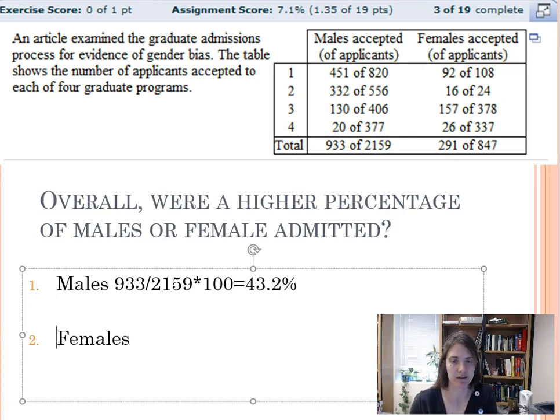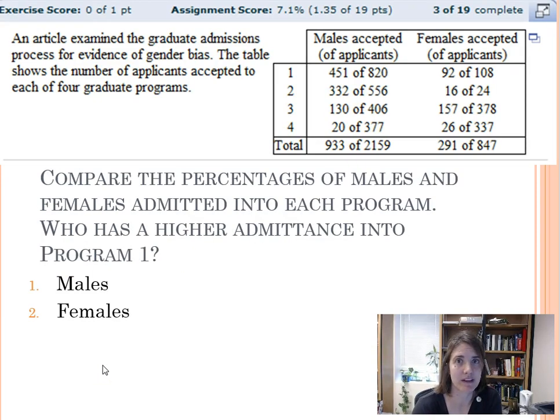For females, it's going to be the total applicants that were accepted, which is 291, divided by 847 that actually applied. That's for all of the females that applied to all of the programs, and that's 34.4%. So you can see if we look at it overall, men have a slightly higher acceptance rate than females.